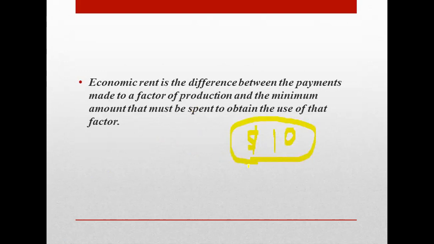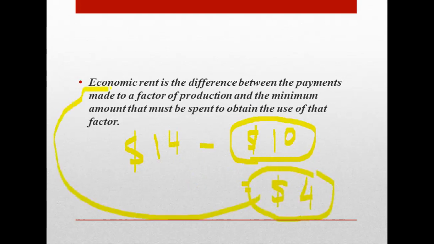But you actually pay $12, suppose, or $14. You are paying $14. Then the difference between these two, that is $4, is known as the economic rent.